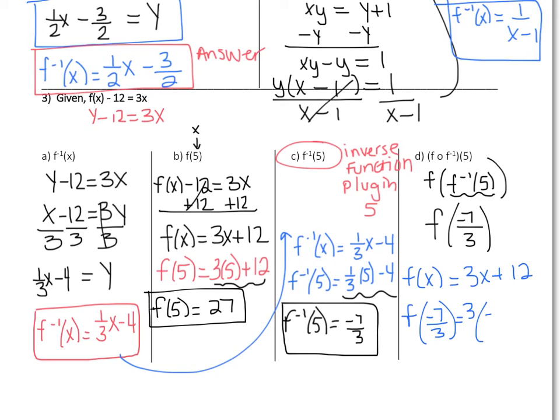So everywhere I see an x, I'm going to put negative 7 over 3. Now put this into the calculator just the way you see it and see what you get. Alright, you should be getting 5. So look what happened. When you do f of f inverse of 5, you get back 5. That's interesting.